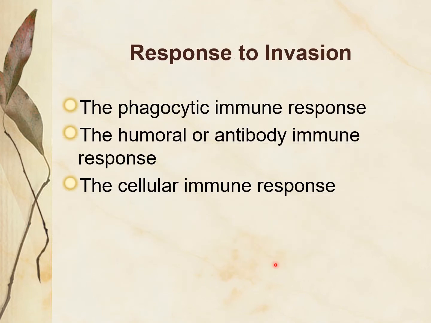When our body is invaded or attacked by bacteria, viruses, or other pathogens, it has three means of defense: the phagocytic immune response, the humoral or antibody immune response, and the cellular immune response. Let us discuss each of these responses in the next slides.